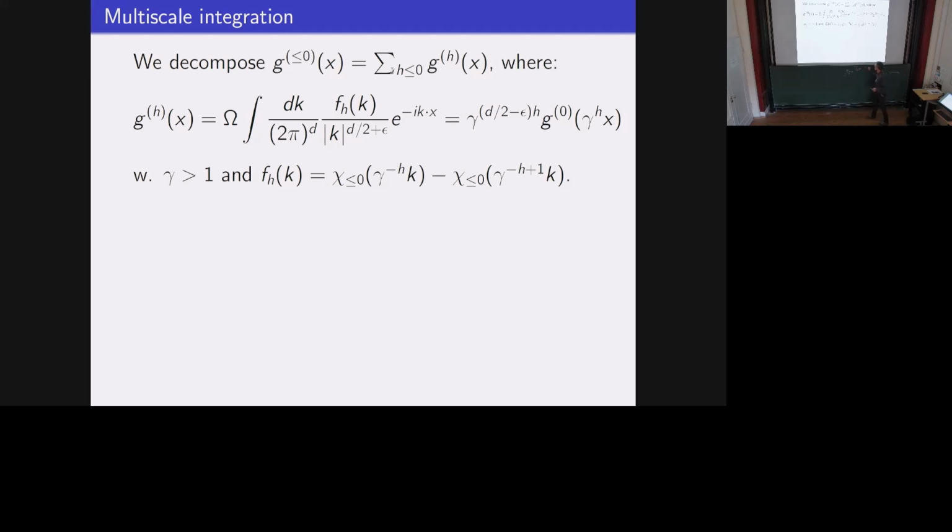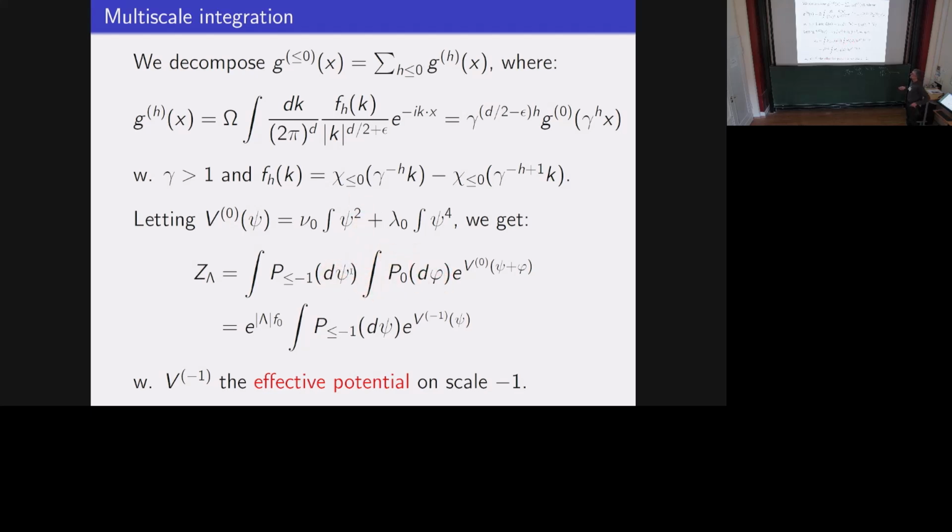So you add and subtract, and each slice, you denote by f_h this generic term in this telescopic sum, and this is something that is supported around gamma to the h. So once again, h is negative, so this is a small slice.